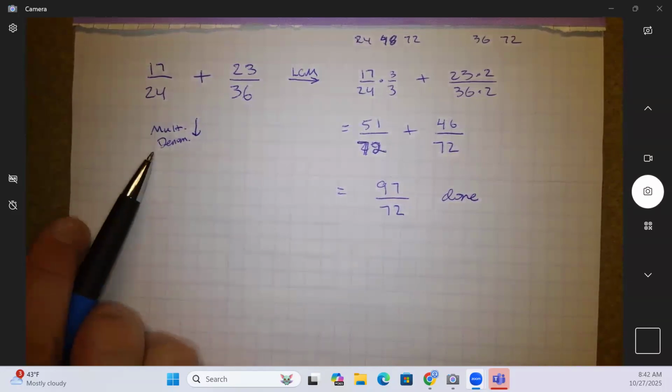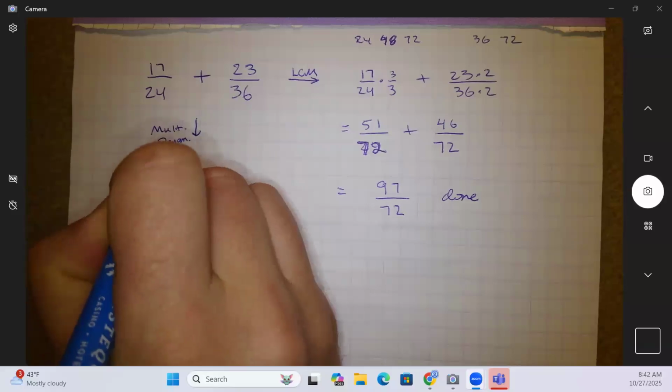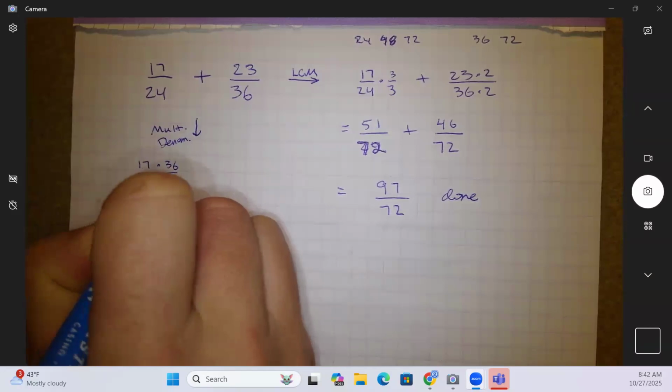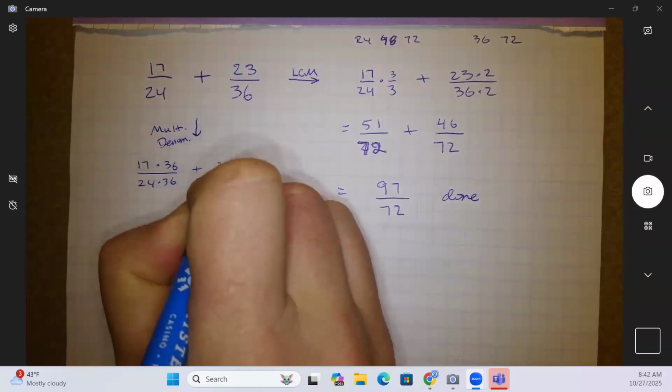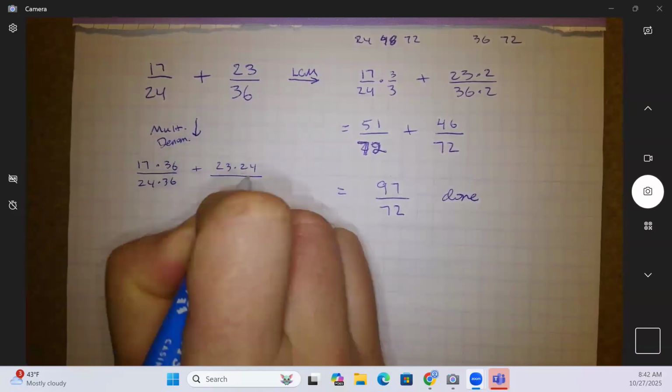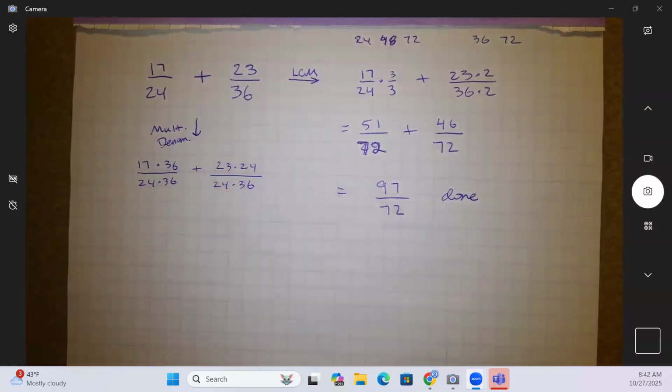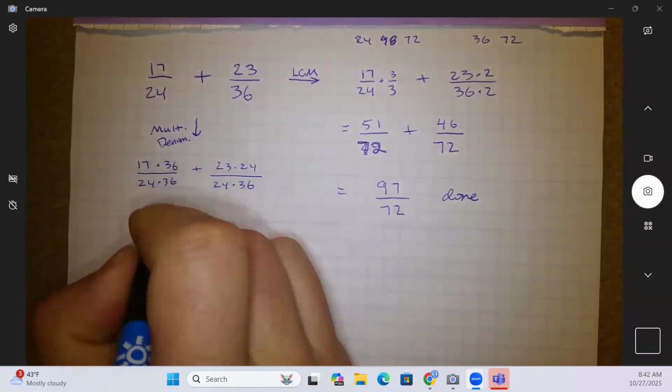And so if I do the multiplication denominator way, then I just multiply by the missing denominator, which also gets me over a similar denominator.